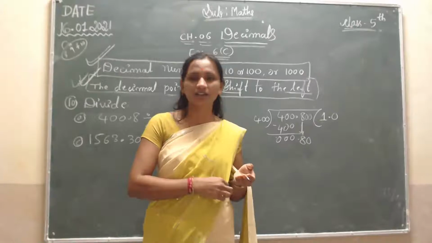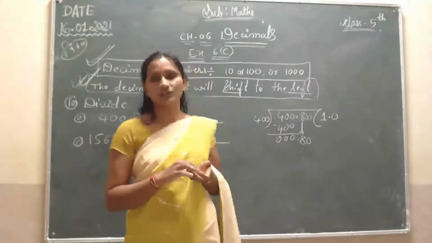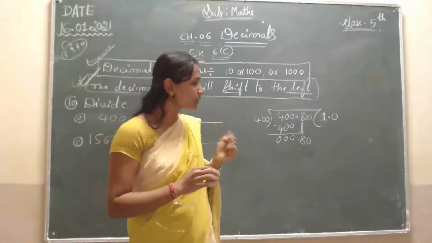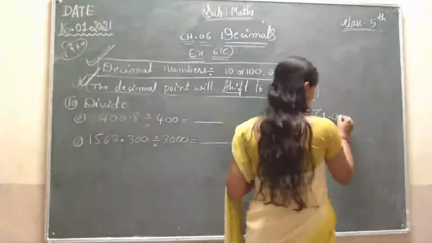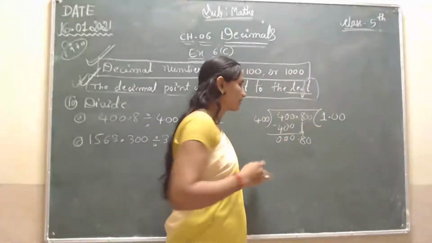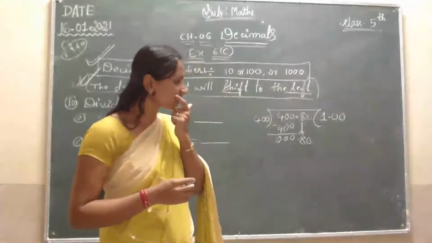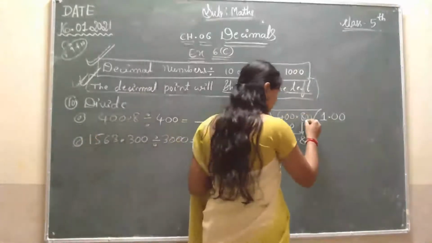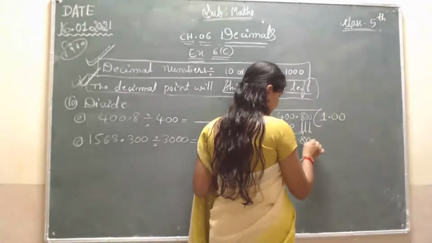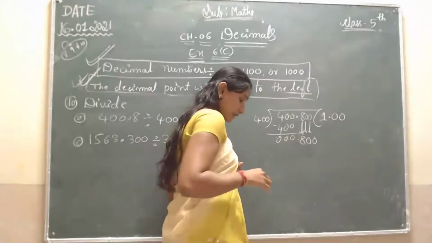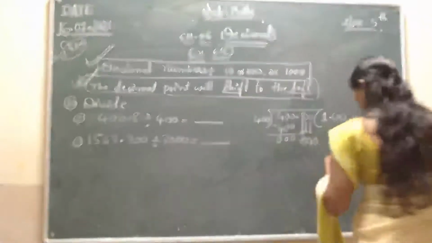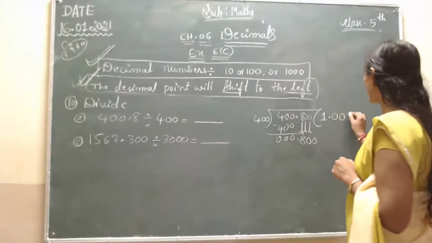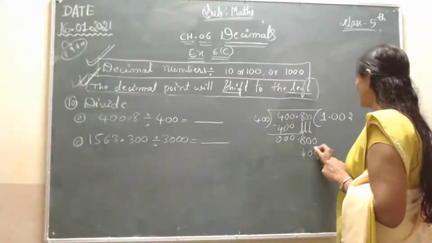We will take 2 zeros in the quotient. I will take only 2 zeros in the quotient because we get down 3 numbers at a time, so write 2 zeros here. Okay, so next, 800. 400 twos are 800.